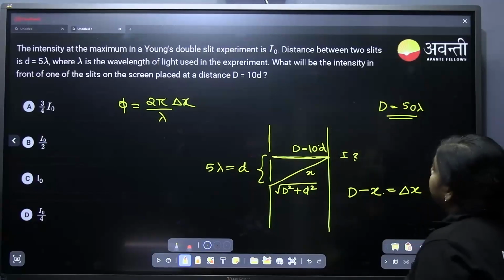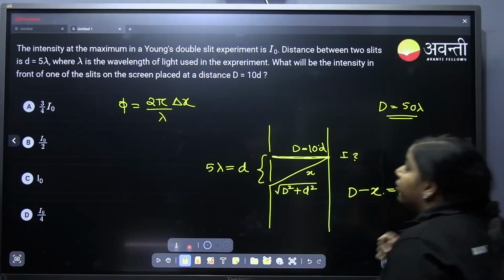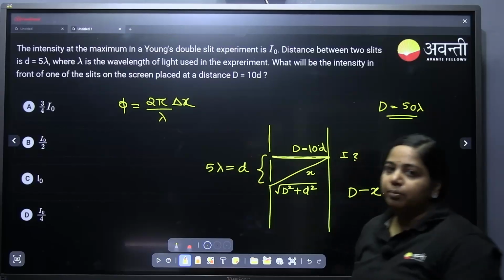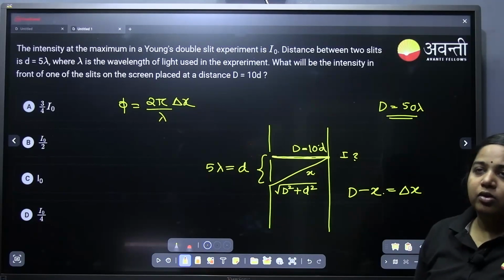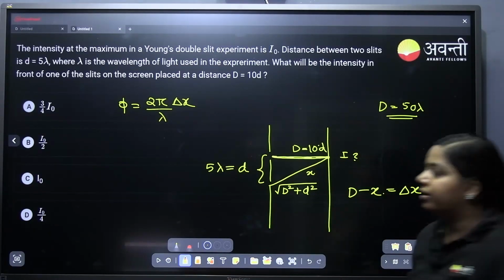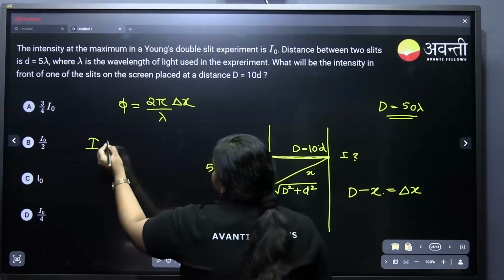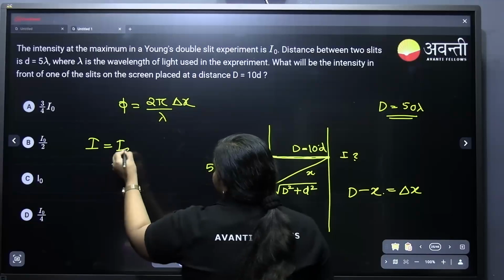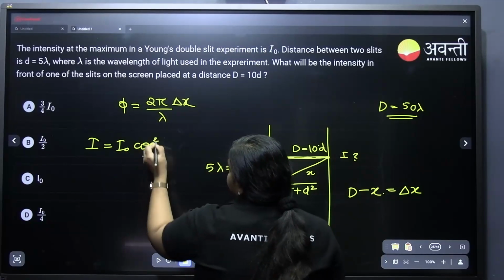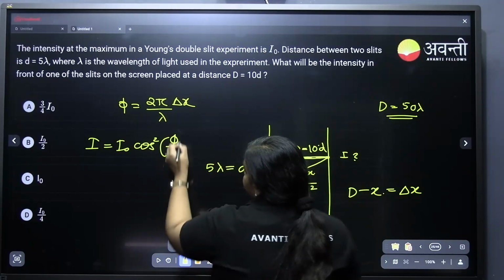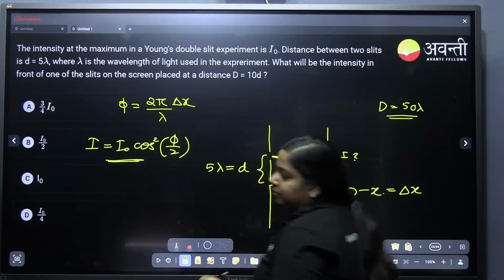Maximum in a Young's double slit experiment is I naught when phi by 2 equal to 0, cos equal to 1. So I equals I naught cos square of phi by 2, where phi by 2 is pi by 2 here. This you can find.